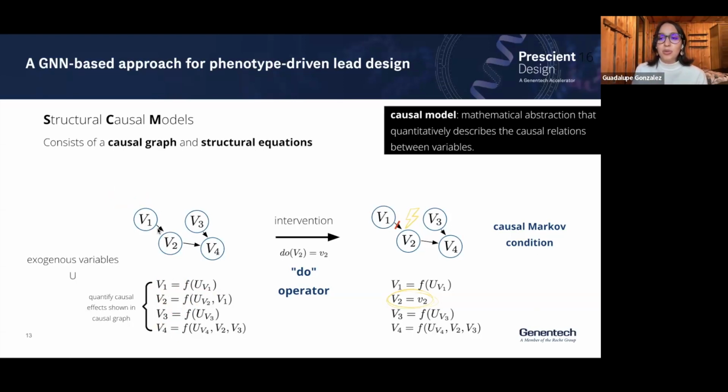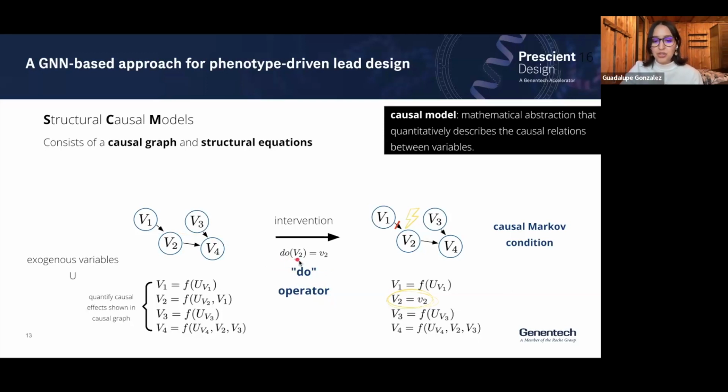From what we were seeing in the previous slides, both genetic knockout experiments and drug compounds administered to a system are interventions because they might bind to specific genes and explicitly change the value of the gene expression of those genes. How we represent that in SCMs is through the do operator.